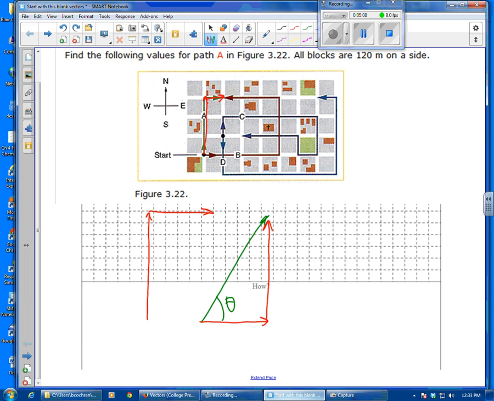So I'm going to call that length A. Now let's see. They told me each block's 120 meters on the side. My northern part is 3 blocks long at 120 meters on each block. That means my northern part is 360 meters.